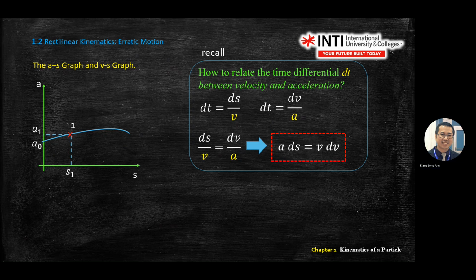So S is the same. You stay at S, you find the V. The x-axis is the same, only you find what V is, because you froze the time already. Make sense? So for these two graphs, you use the equation A ds equal to V dV to convert the AS graph to the VS graph. You understand?